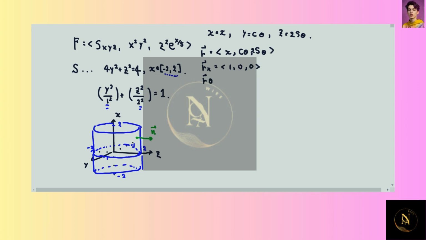R sub theta, we take the derivative with respect to theta, so it'll be 0, negative sine, 2 cosine. And the normal vector, we can calculate that it will be 0, 2 cosine, sine.